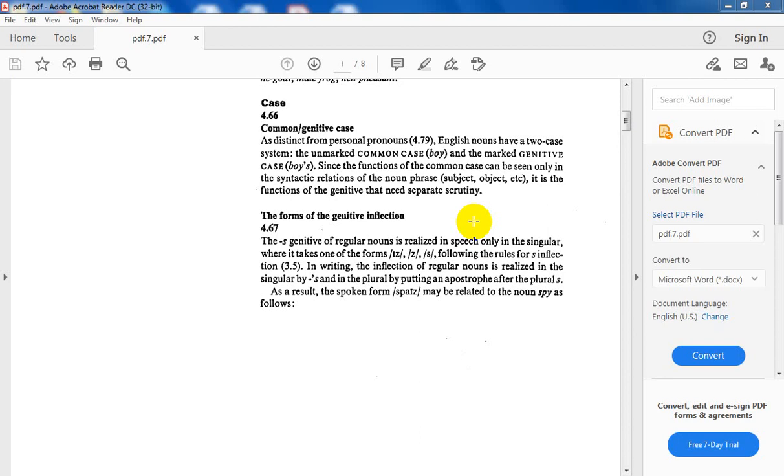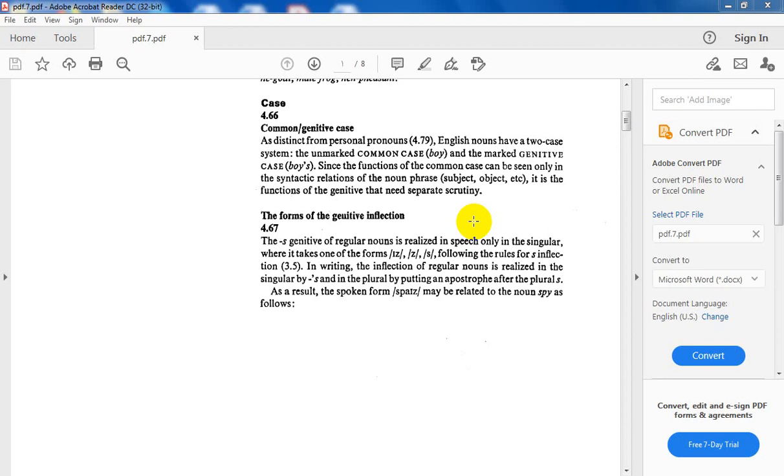The unmarked common case is the normal form, the usual form of a noun, which is called unmarked. Unmarked form called common case, like boy, girl, door, window, without any addition.